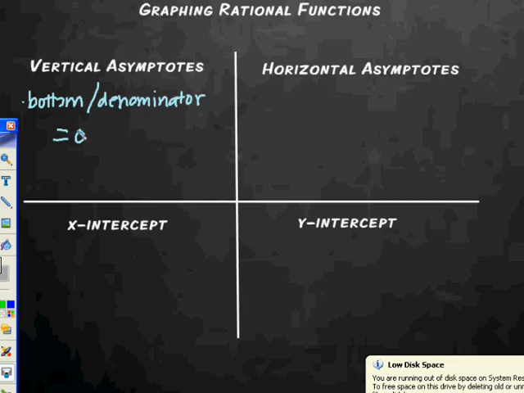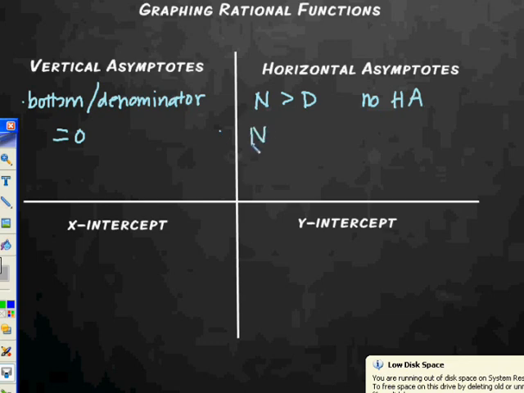Horizontal asymptotes you should have talked about in Algebra 2, and with horizontal asymptotes you want to look at the degree in your numerator versus the degree in your denominator. If the degree in your numerator is greater than the degree in your denominator, then you have no horizontal asymptotes.